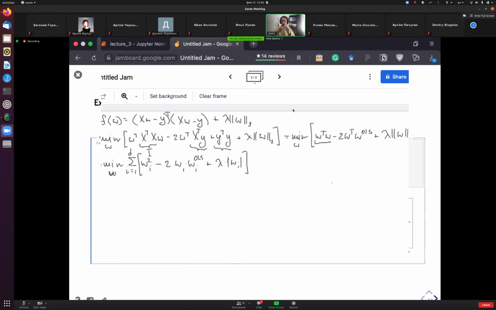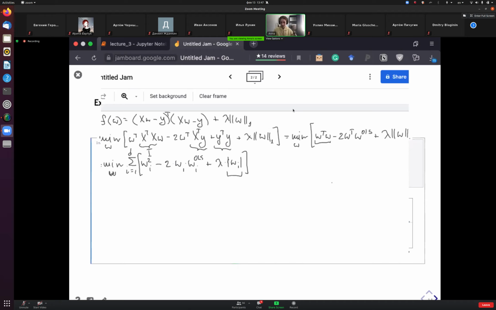Right, so we don't have any terms that take into account the interaction of coefficients, and that means that we can basically solve the optimization problem for each component of the vector separately. And this we can do straightforwardly by considering two cases. Because the main problem here was in this absolute value. It's not trivial how to take a derivative and set it equal to 0.